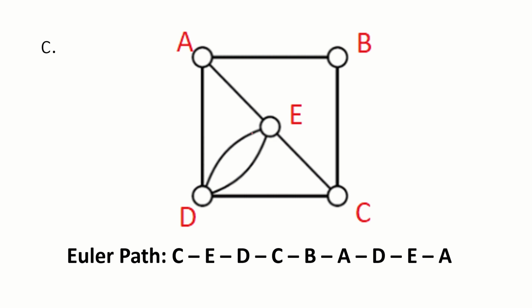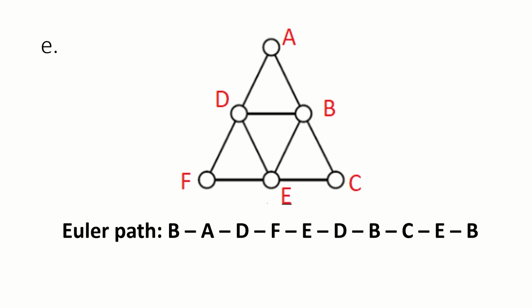Another one, so we have, let's start with C, E, D, C, B, A, D, E, and then A. So it's an Euler path.